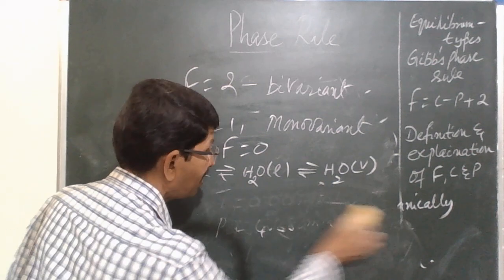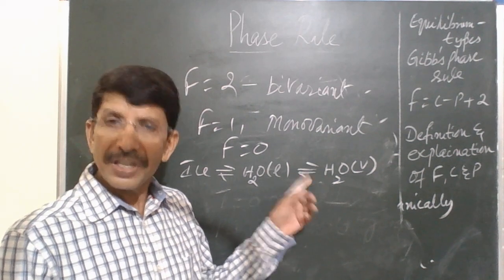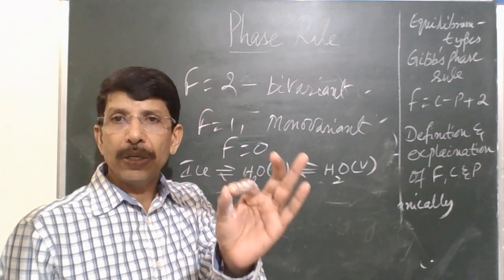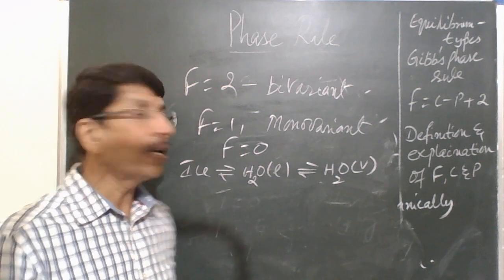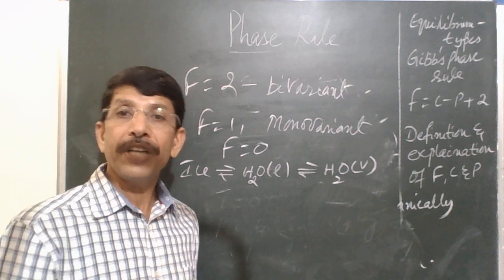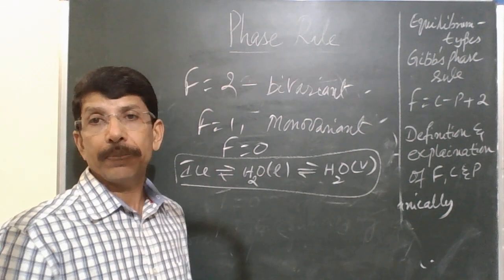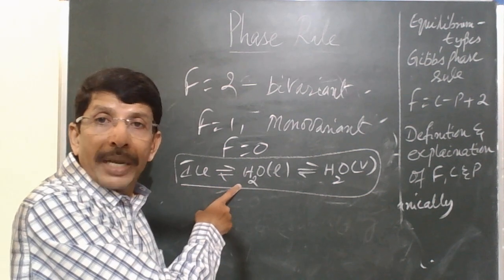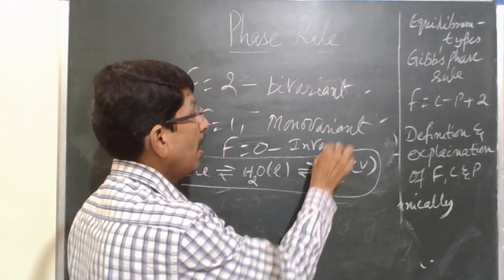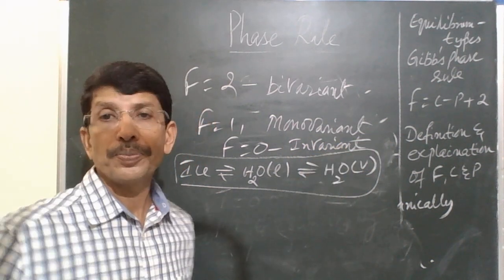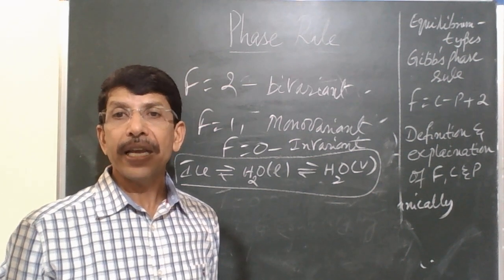So I need not specify either temperature or pressure because they are fixed for this equilibrium. Hence, I need not specify either pressure or temperature to define this state of equilibrium. Therefore, for this equilibrium, degrees of freedom is 0, and this is called an invariant or non-variant system. So when degrees of freedom is 0, it is called an invariant or non-variant system.